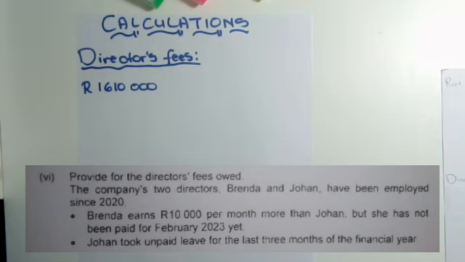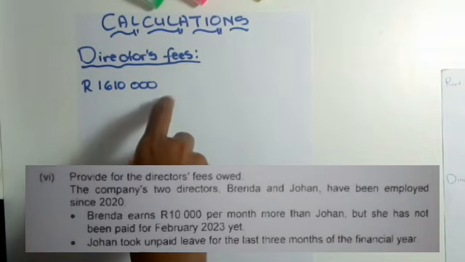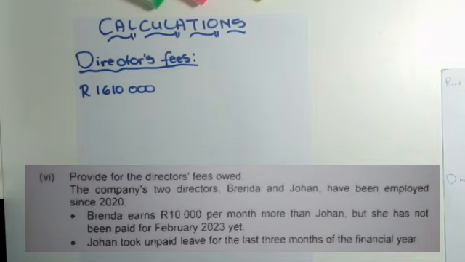Brenda earns 10,000 per month more than Johan, but she has not been paid for February 2023 yet. That information tells you that Brenda has been paid for only 11 months. So that means that we are going to have to add Brenda's amount to this amount.